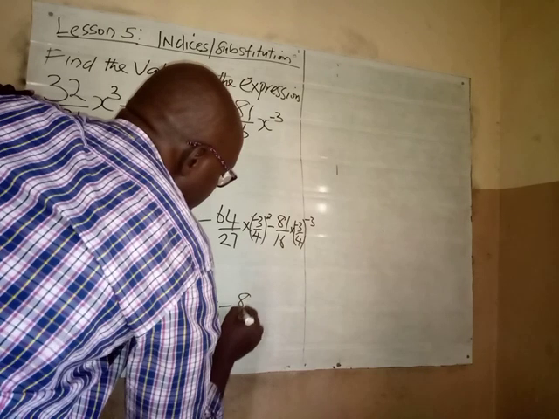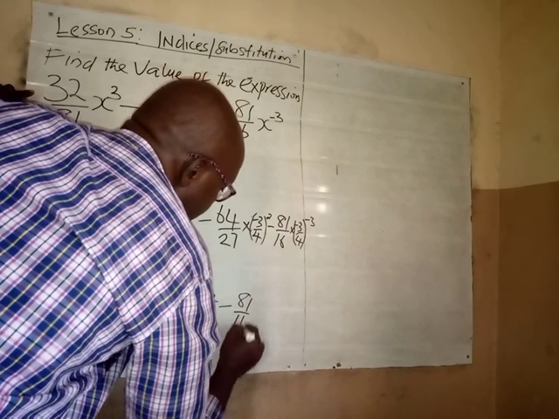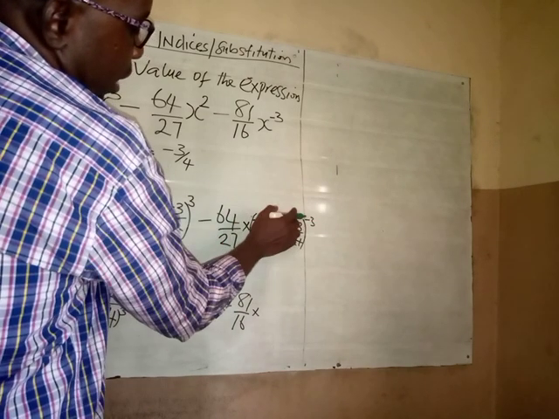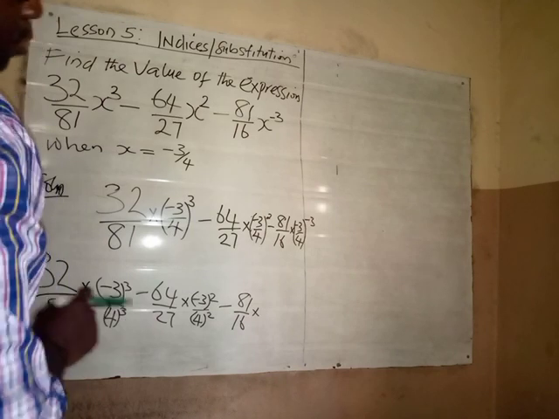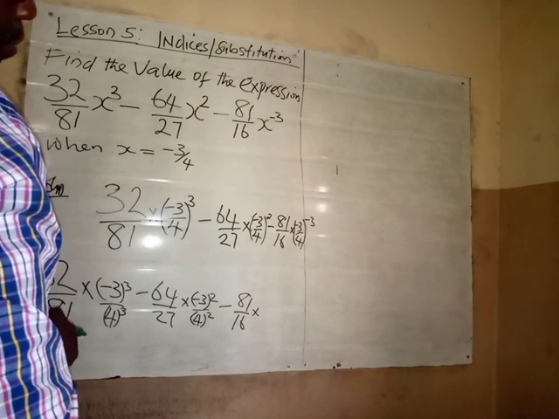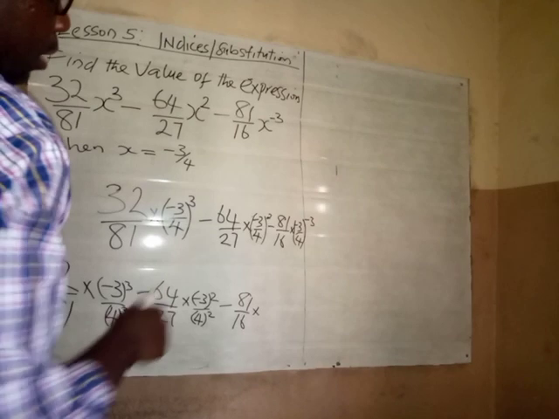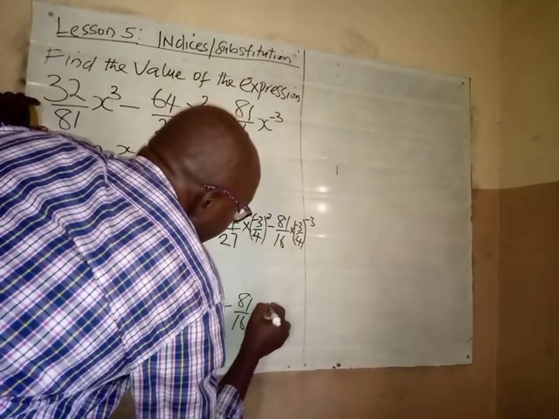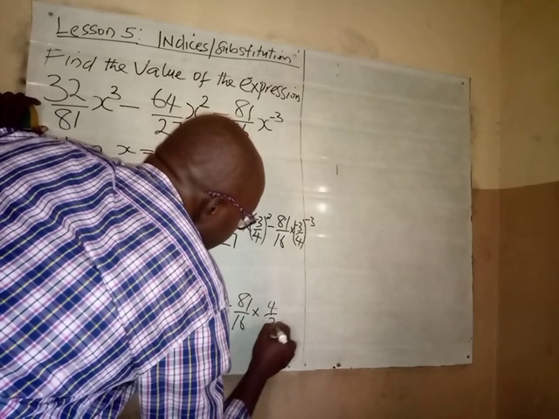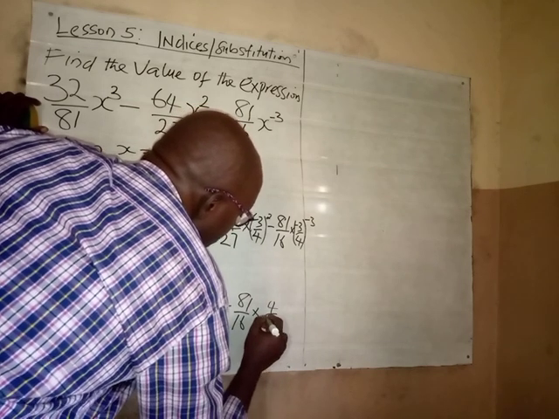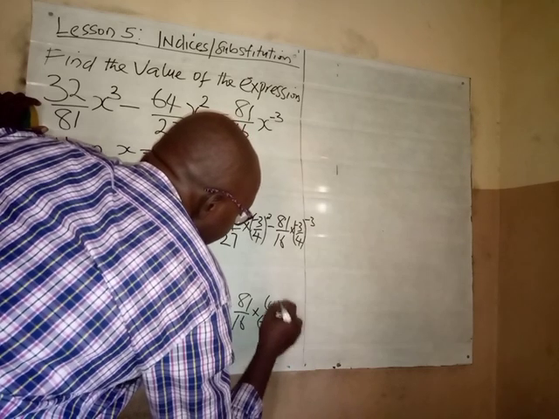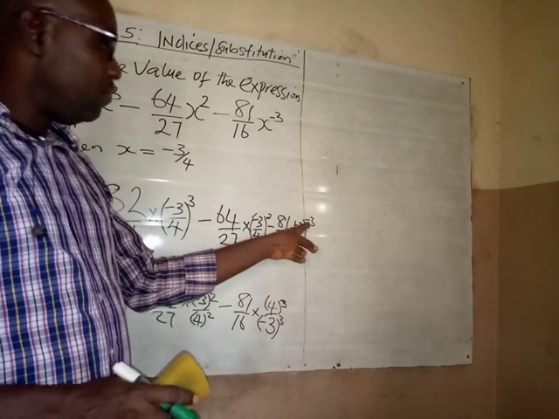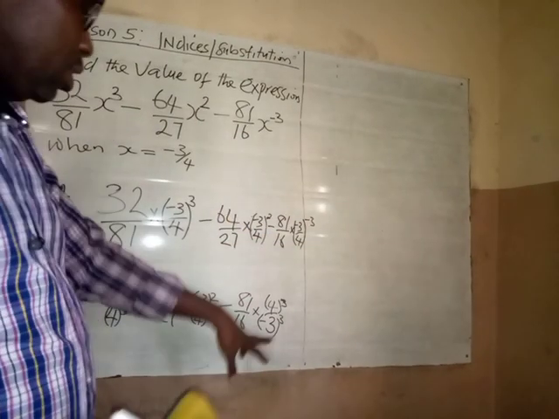Minus 81 over 16 times, if you want to remove the power minus 3, you do invert or reciprocal. 4 will go up and the 3 will go down. So we now have 4 over minus 3 all raised to power 3. We have removed the negative. So what we did to remove the negative here is to invert it, or do the reciprocal.